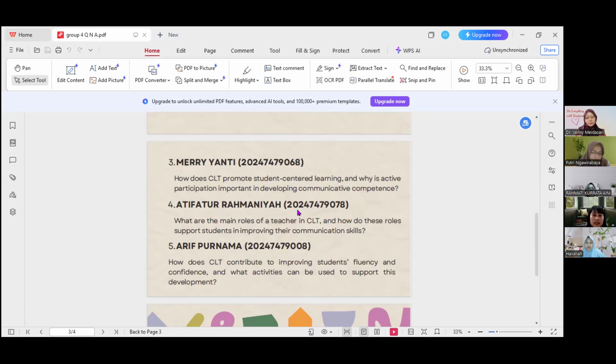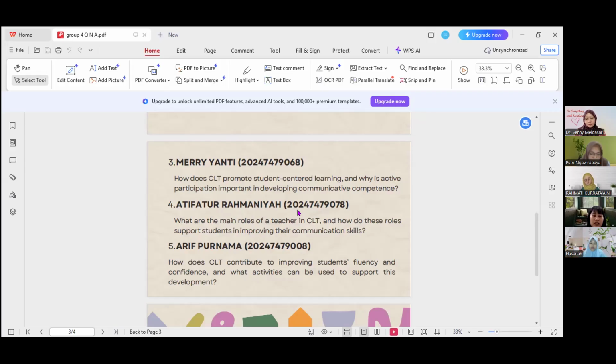CLT promotes student-centered learning by encouraging learners to actively participate in activities such as discussion, role plays, and group work. Active participation is important because it allows students to practice using the language, interact with others, and develop their communicative competence through real communication.